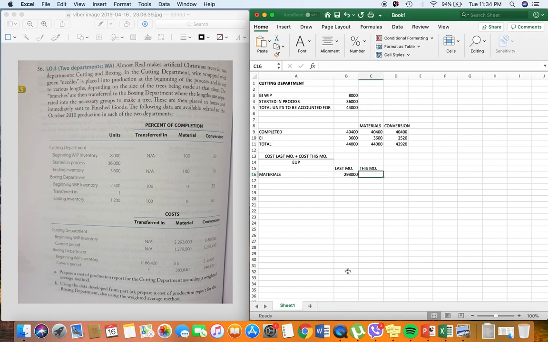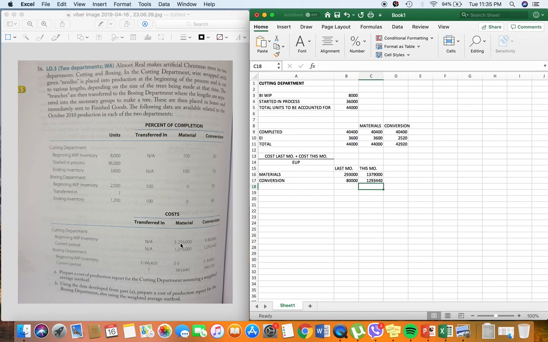And the cost this month for the current period is 1,379,000. And for conversion, last month is 80,000, and this month is 1,293,440. I am looking at the portion where our costs are.